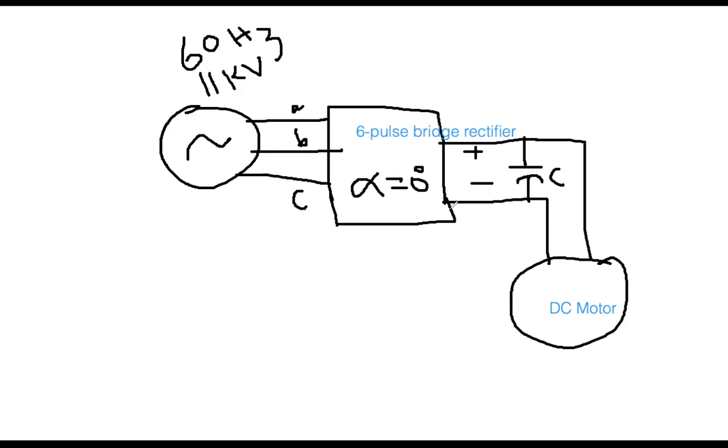So this side is AC and that side is DC, because it is the rectifier. And there is a capacitor, and this is a DC motor. So everybody please draw this picture, and then I will take you to that problem.